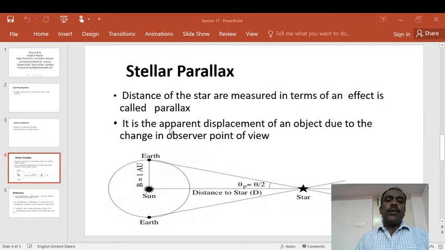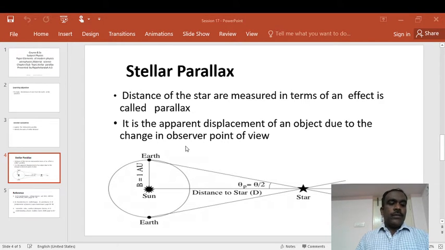There is an Earth orbit. When the observer observes from two different points, Earth 1 and Earth 2, called P1 and P2, it is called heliocentric parallax or stellar parallax. It is observed from two different points in the Earth orbit around the sun.